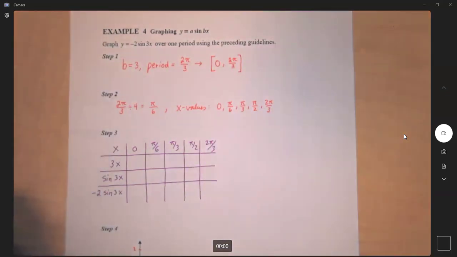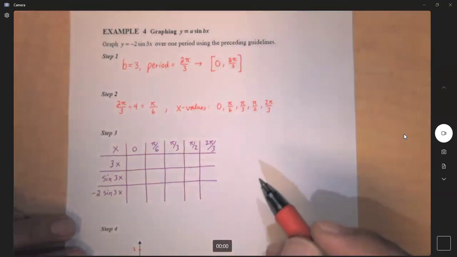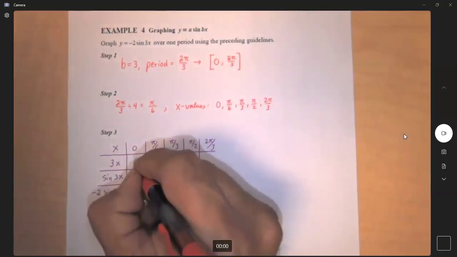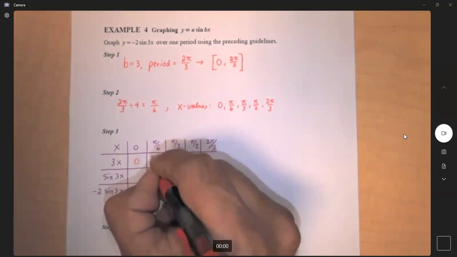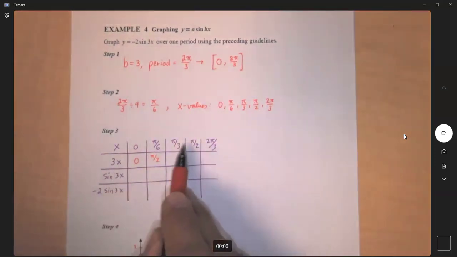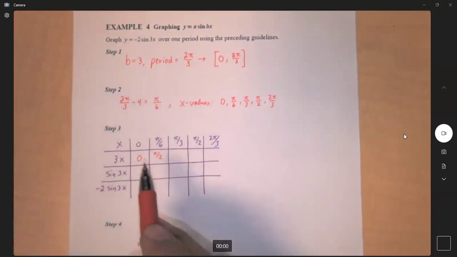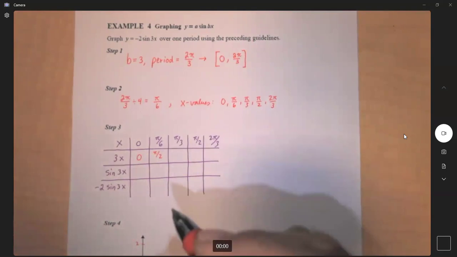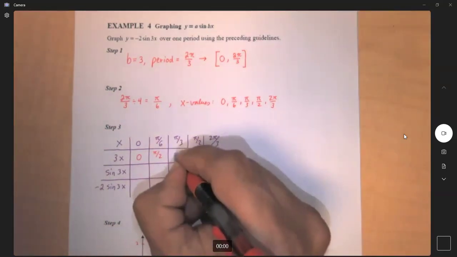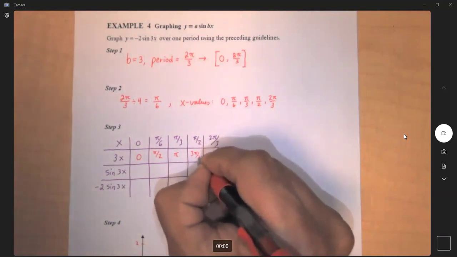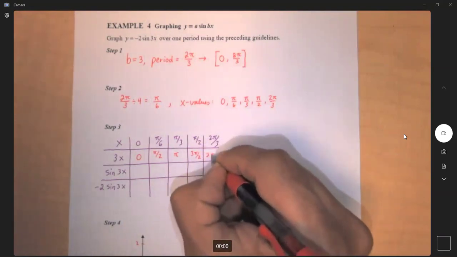Okay, and so remember, when you triple these, they become 0, pi halves. And remember, we did this on purpose because these values that we're going to get are going to be those max, min, or intercept values. When you triple pi thirds, that's pi. This is 3 pi halves. And then this will be 2 pi.